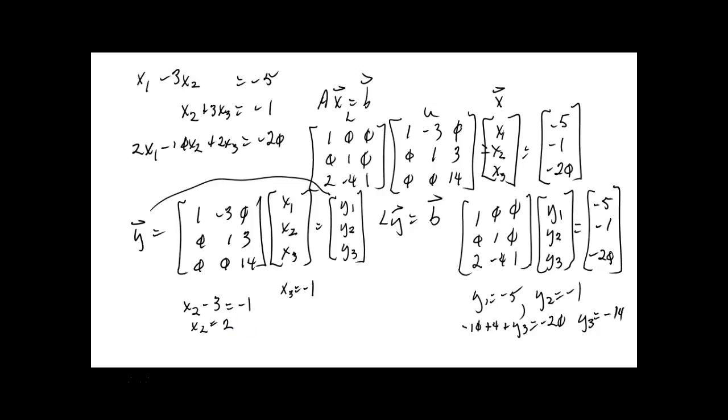And then the last one is x1 minus 6, is that right? Yeah, minus 6 is equal to negative 5, and that tells us that x1 is equal to 1. Okay, so here we have our solution.